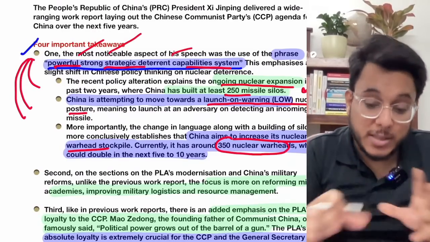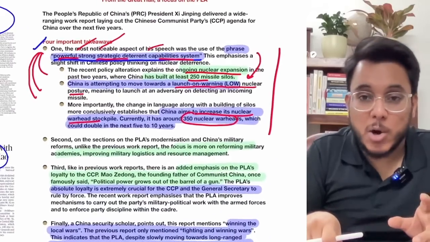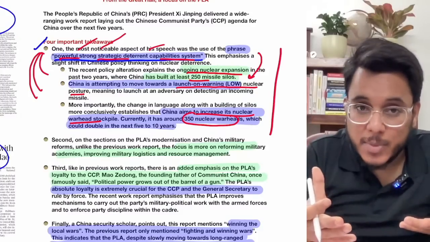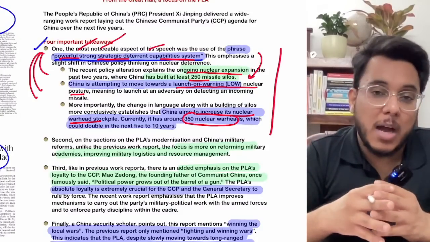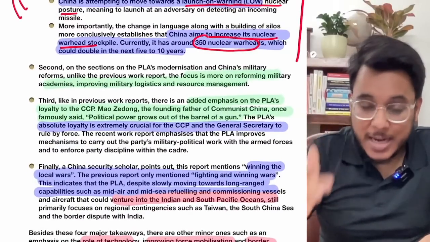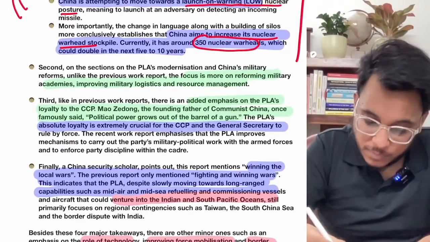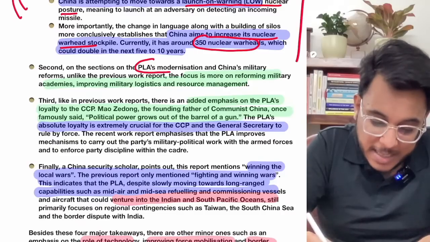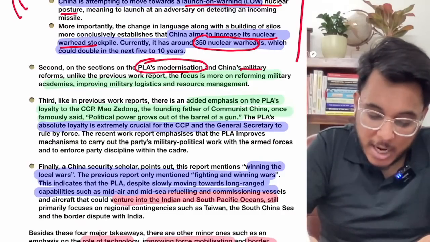China is doing this in order to become a regional hegemon, and finally a global hegemon.